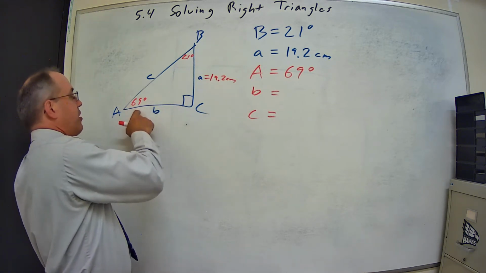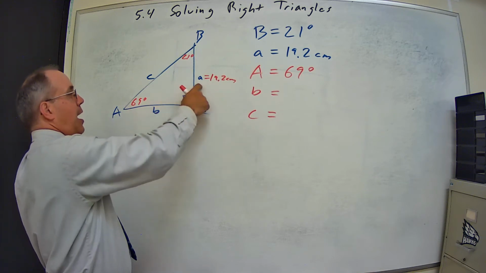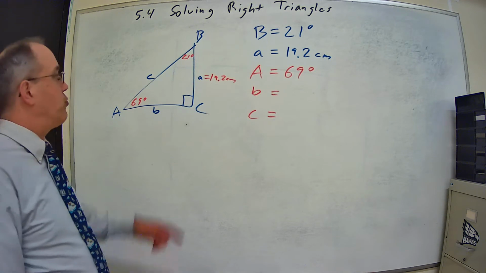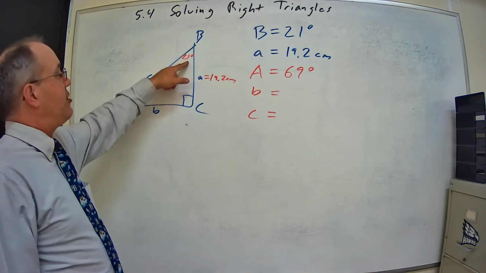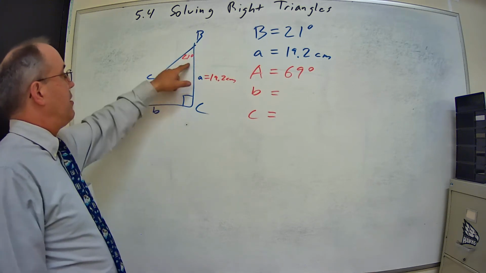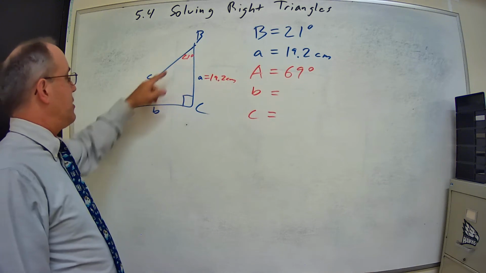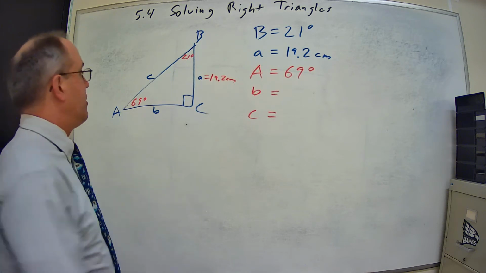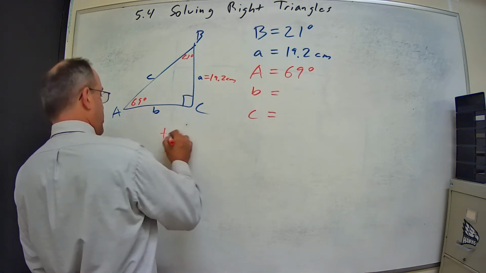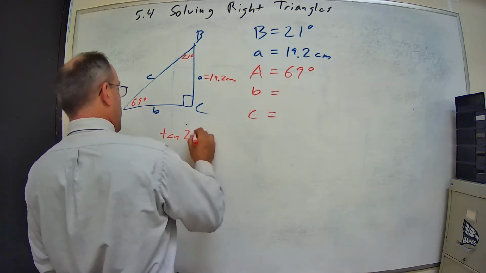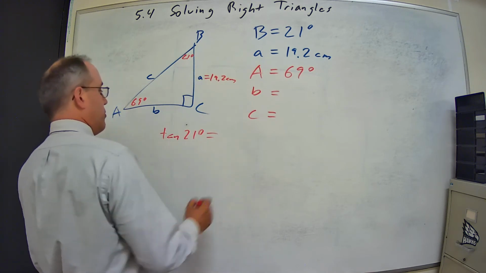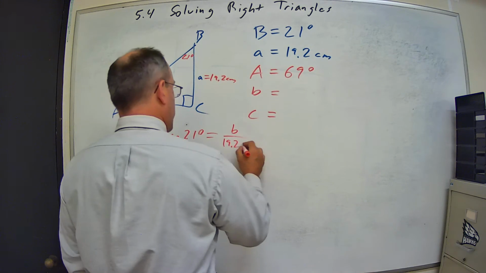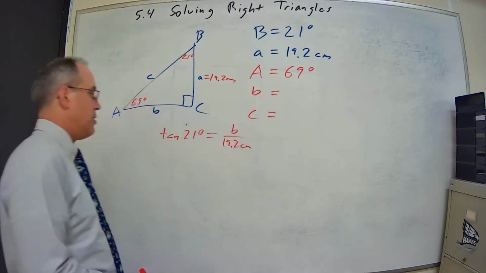The tangent of 21 degrees is equal to B over A. So I can say the tangent of 21 degrees is equal to B over A, where A is 19.2 centimeters.